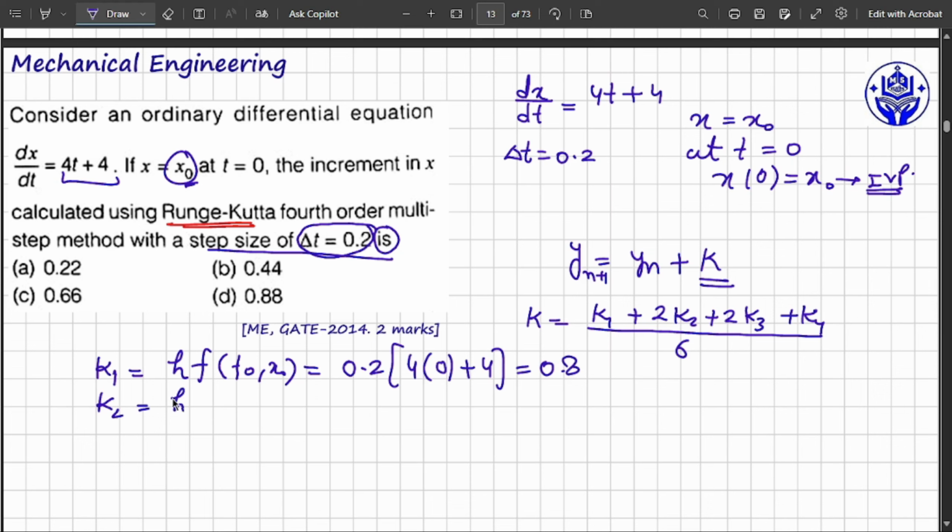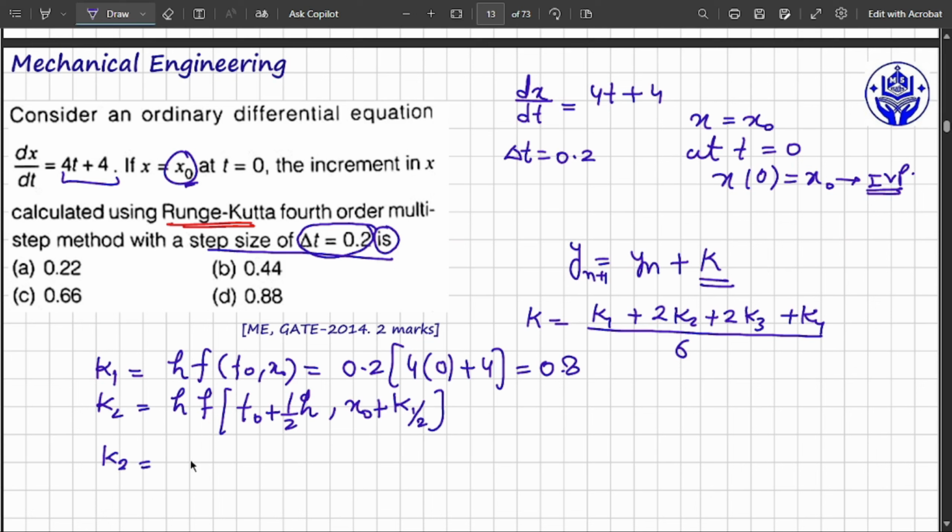K2 is h into f of t0 plus h by 2 and x0 plus k1 by 2.